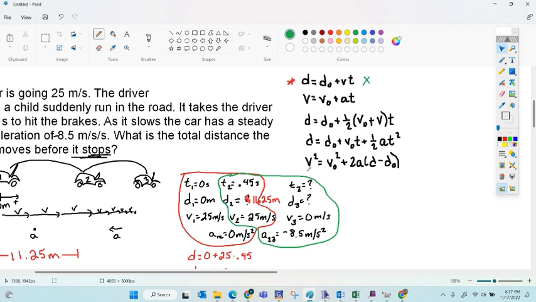We're trying to look for something that's going to help us find the position. We don't know how long that's going to take. But we do know two velocities, and we do know an acceleration, and we do know a starting location for this phase.